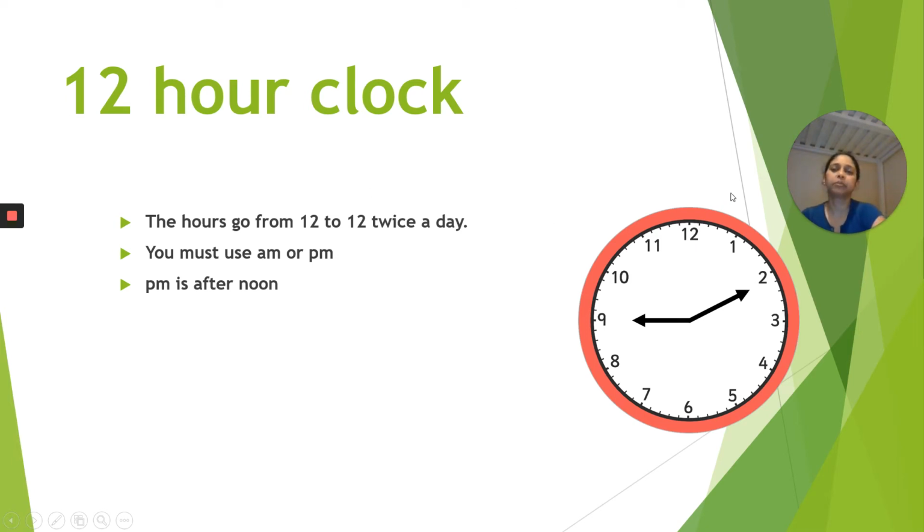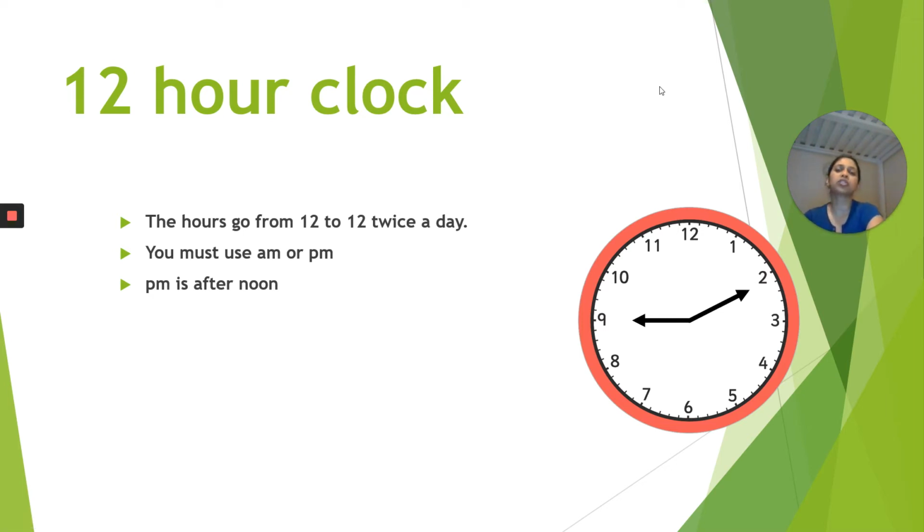So just a recap of what a 12-hour clock is. To complete a whole day, you need to pass the time two times up to 12 in order to make it a day. In your 12-hour clock, you have to use AM or PM to represent either morning for AM, and PM, which means afternoon or evening.